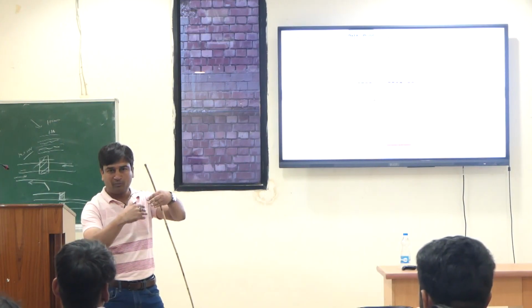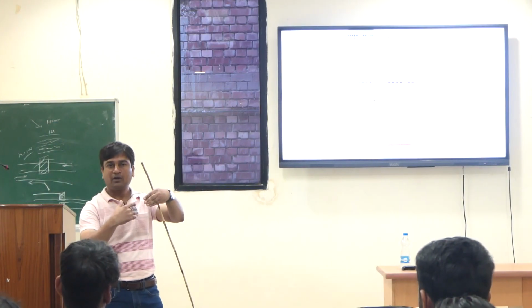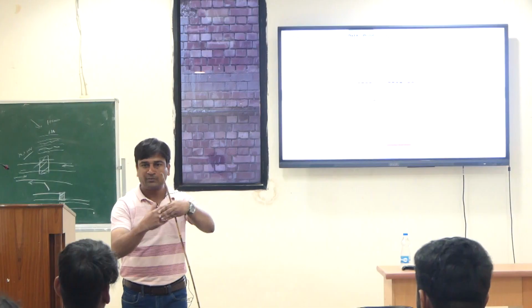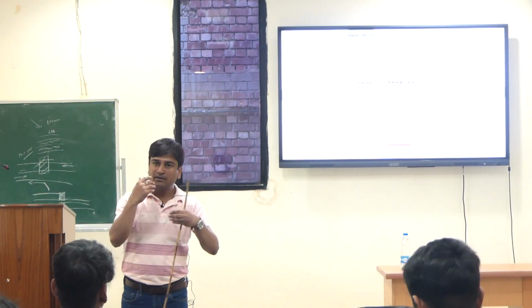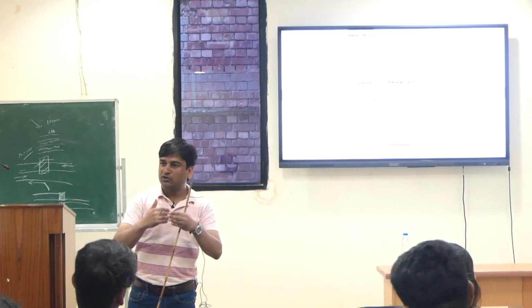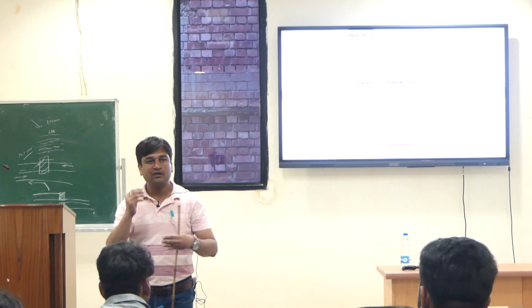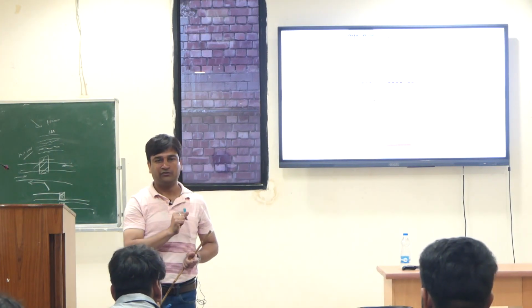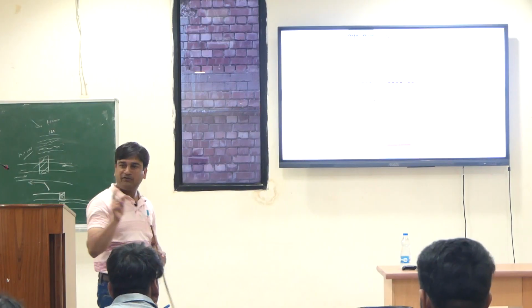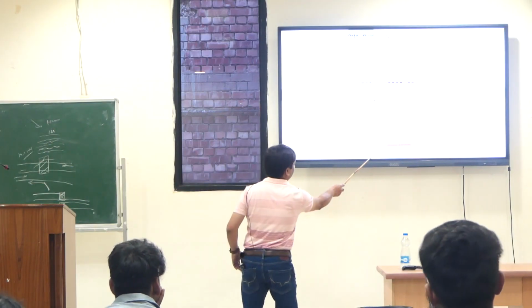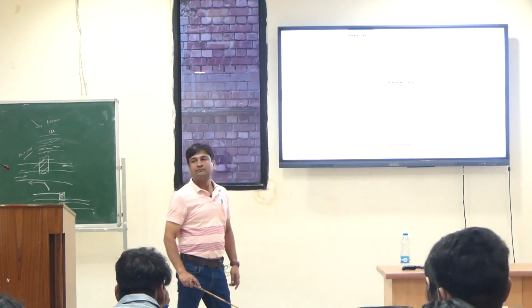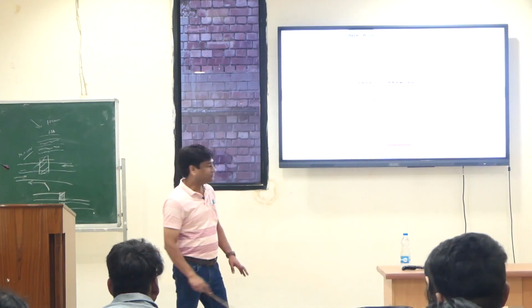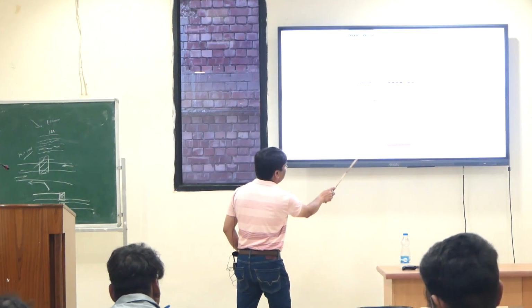There has to be some complementarity to allow them to join together. And this combination of CRISPR RNA and tracer RNA should be able to recognize the target sequence, and that sequence is present in the CRISPR RNA. Clear? This will allow it to bind complementarily to the target sequence.